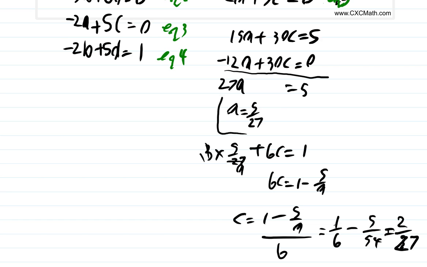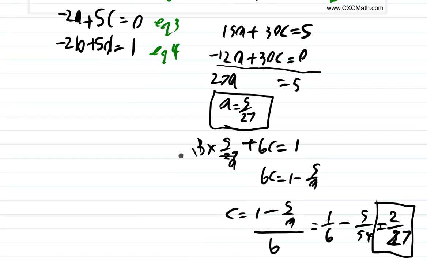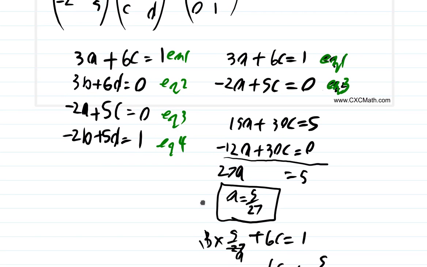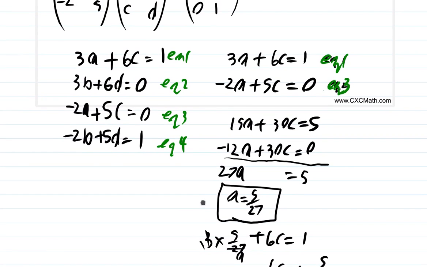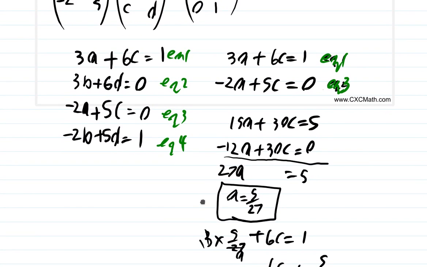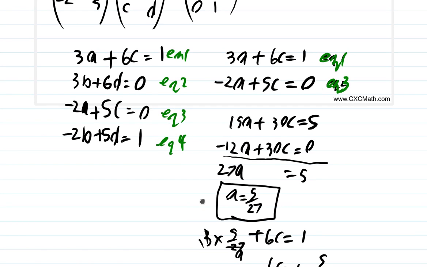So I have a so far, I have c so far. What happens after this? I need to find B and D. So here now, 3B plus 6D equals 0.